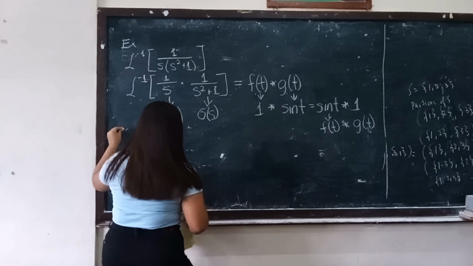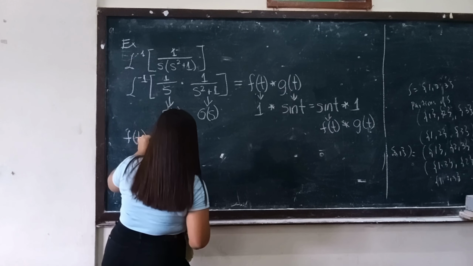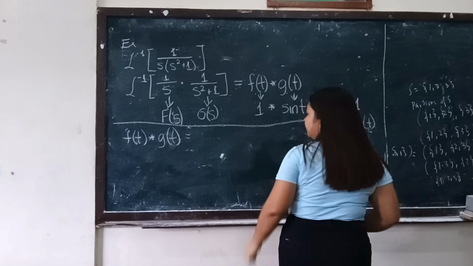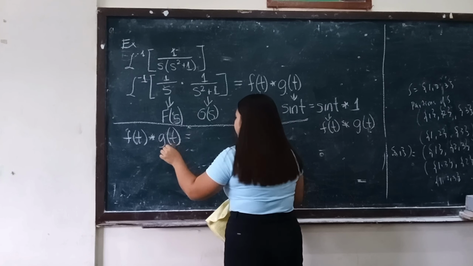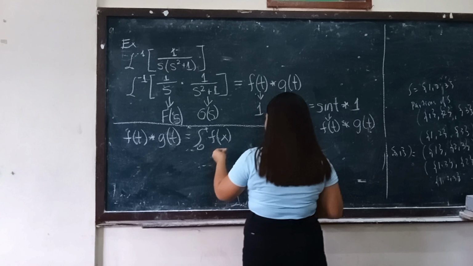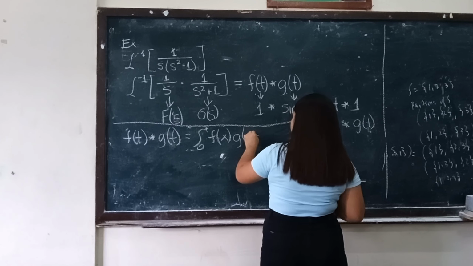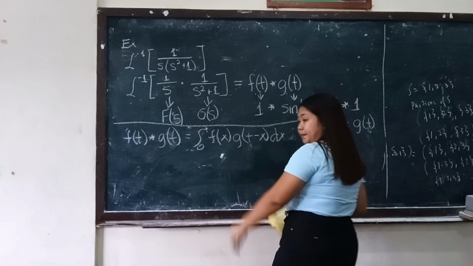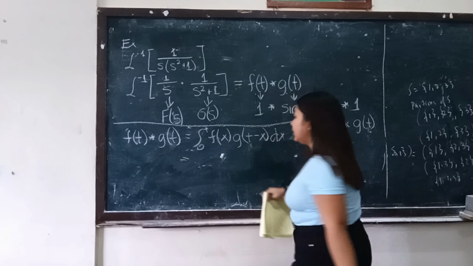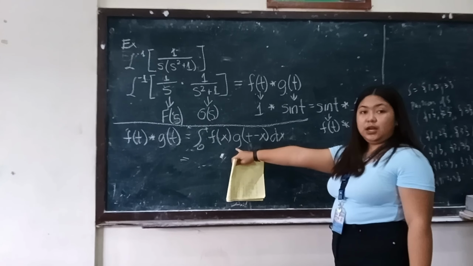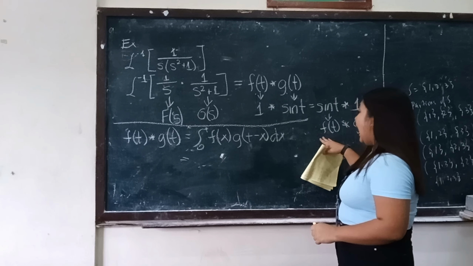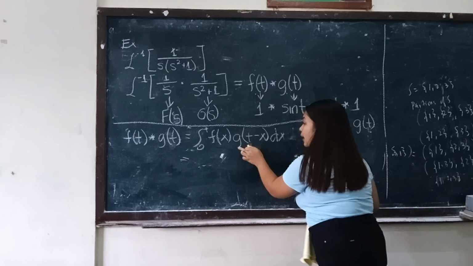f(t) convolution g(t) is equal to the integral of f(x) times g(t minus x) dx. Let us substitute the values.